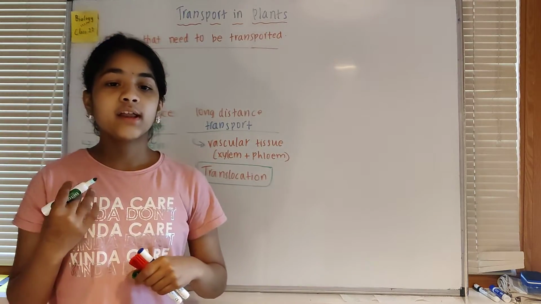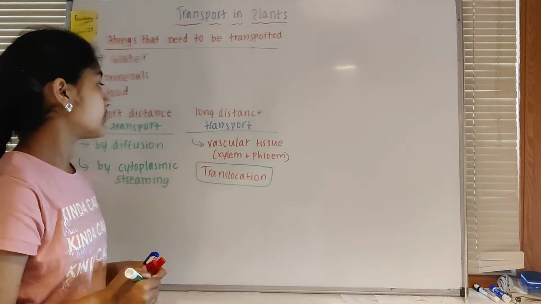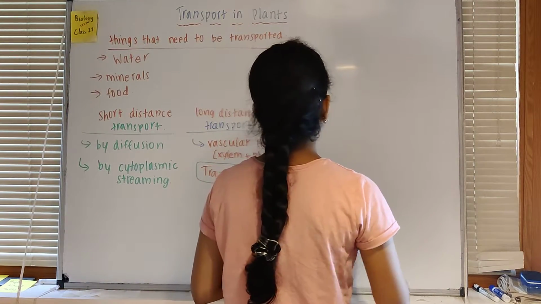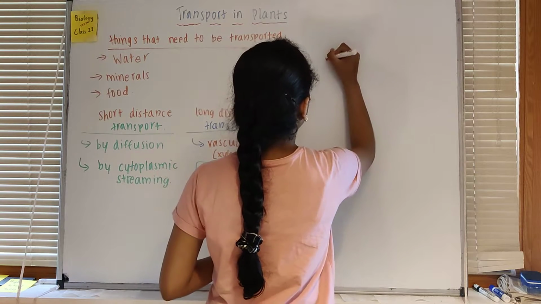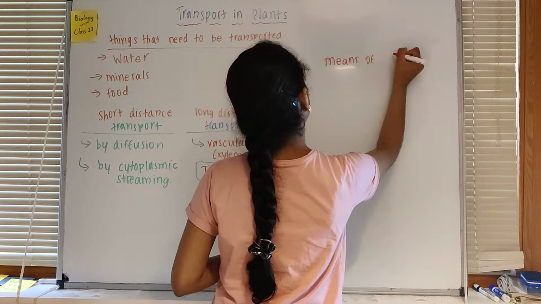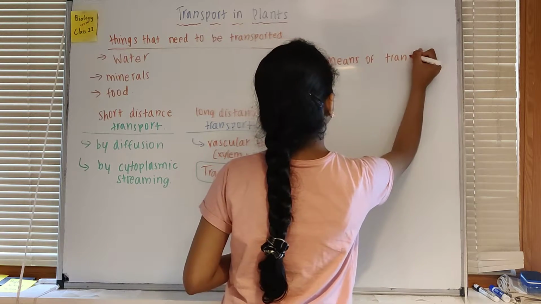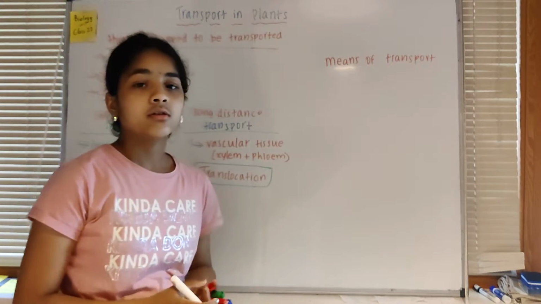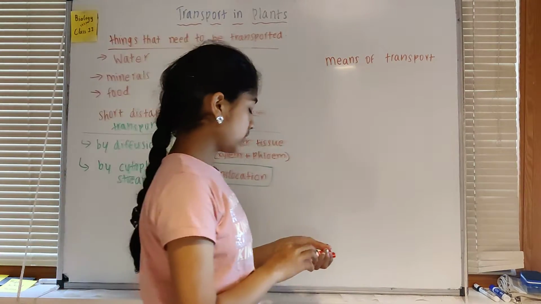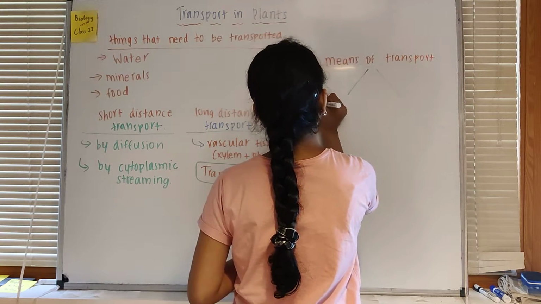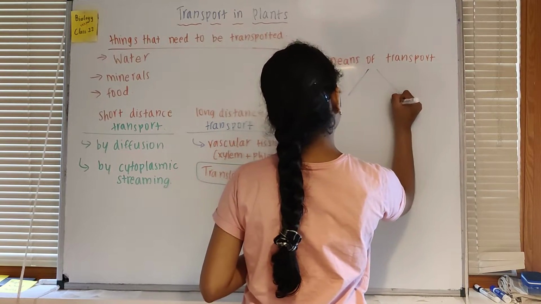Now there are various means of transport as well. So let's talk about the means of transport. By what means can these materials be transported? The means of transport can be active or passive.